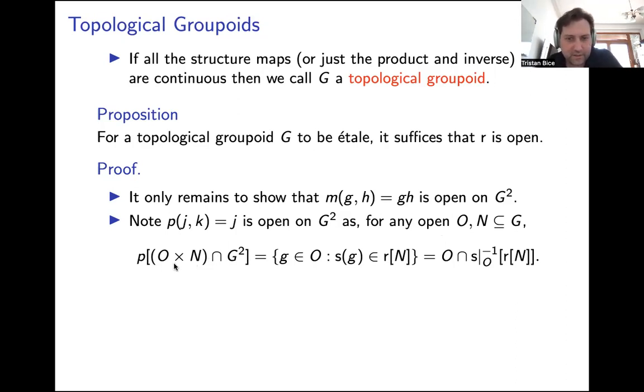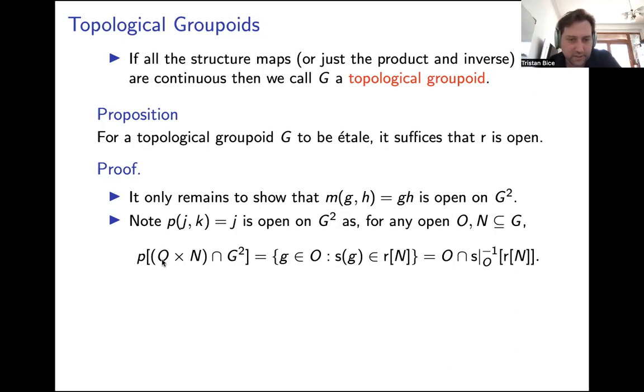Okay, but think about what that means here. Well, the projection of that onto the first coordinate is really just all those elements G in O, right, such that (G, H), for some H within N, actually lies also within G2, right? But to be lying within G2, well, what does that mean?